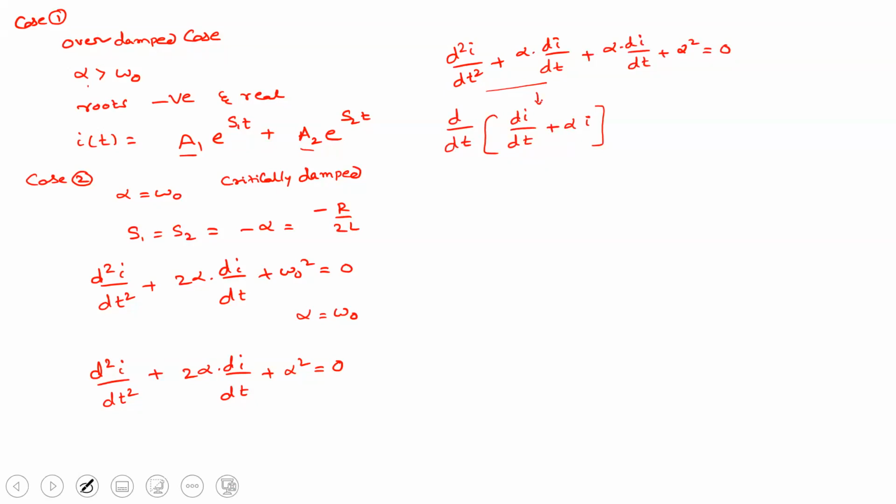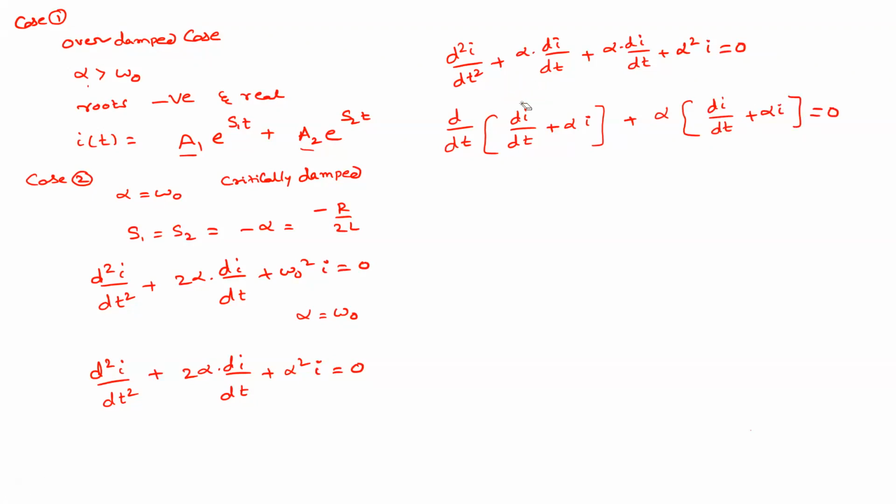From these two, if you separate, this is alpha square into I. So if you separate alpha, it will be d square I by dt square plus alpha di by dt, plus alpha times di by dt plus alpha I, equal to 0. You agree with this?